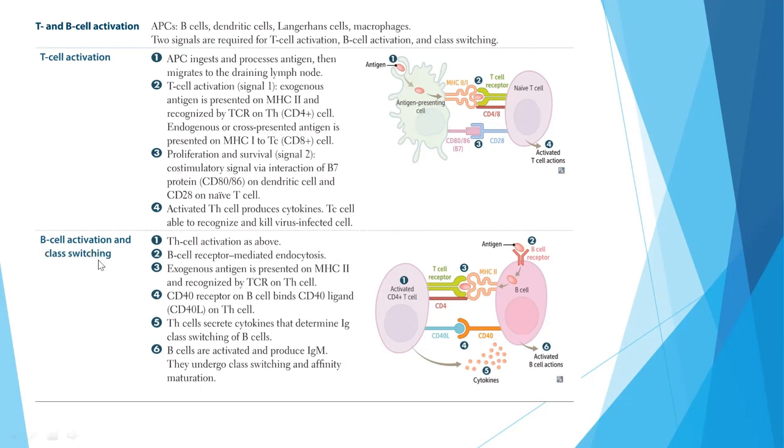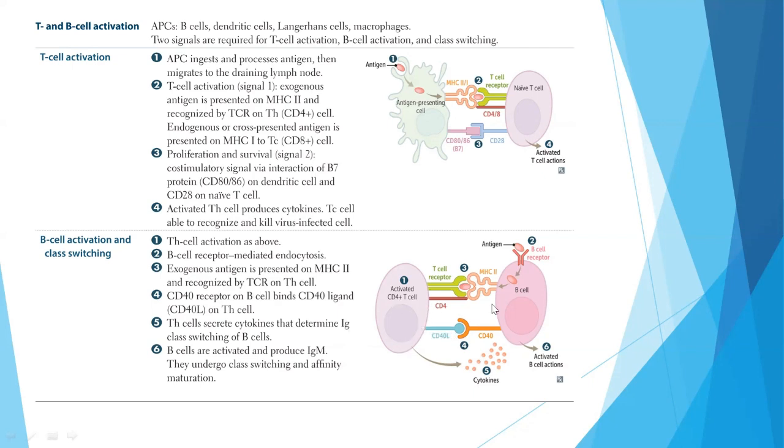Talking about the B cell activation and class switching. So the TH cell activation is as above. After that, the B cell receptor mediated endocytosis takes place. And then the exogenous antigen is presented on MHC2 and recognized by TCR on the TH cell. Then the CD40 receptor binds with CD40 ligand on the T-helper cell.